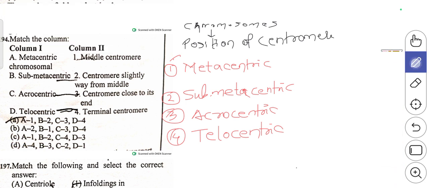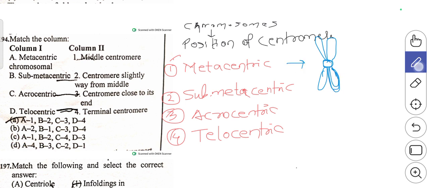So in a metacentric chromosome, you'll come across a somewhat centrally situated centromere with two equal arms. So this is the structure of a metacentric chromosome.